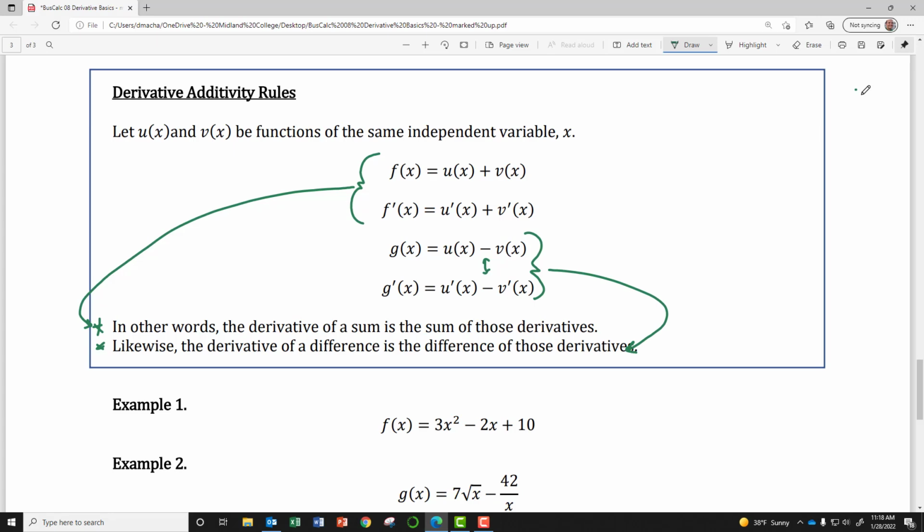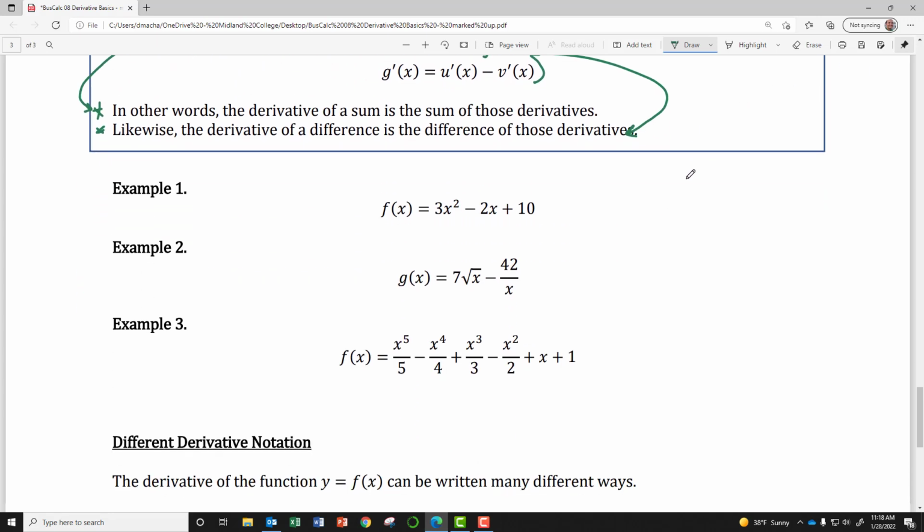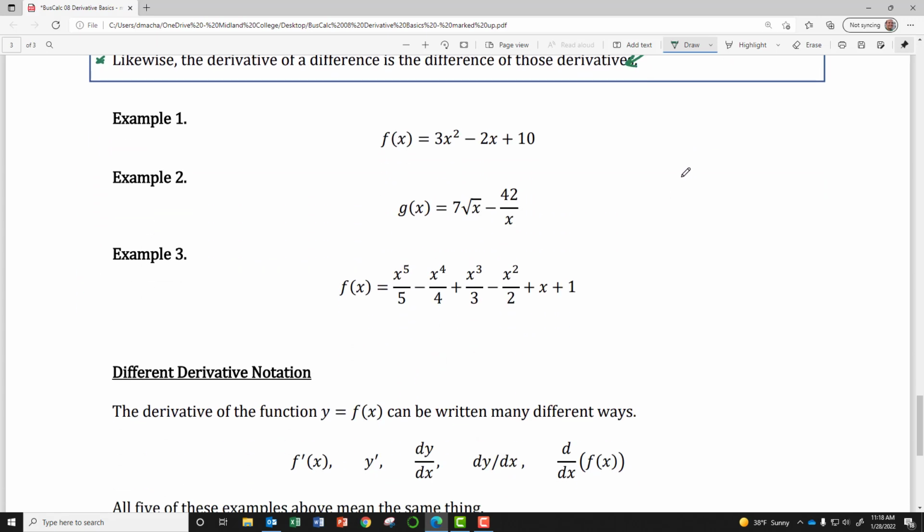Okay, so let me just show you with examples. In example 1, we have this function, f of x, and if I want to take the derivative, f prime of x, I'm going to have to rely on my power rule to take those powers of x derivatives.